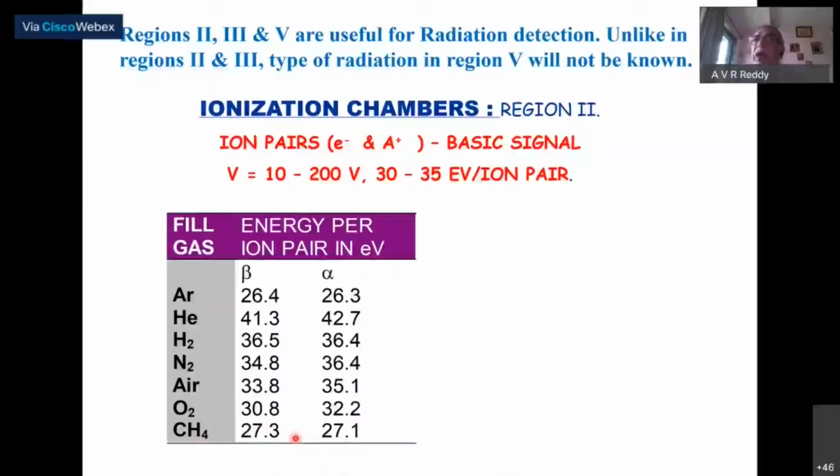Remember that particularly when you go into the GM region, or where high multiplication is there, it is advisable not to have water vapor, what we call humidity, or even oxygen, because it has a tendency of getting attached to an electron.